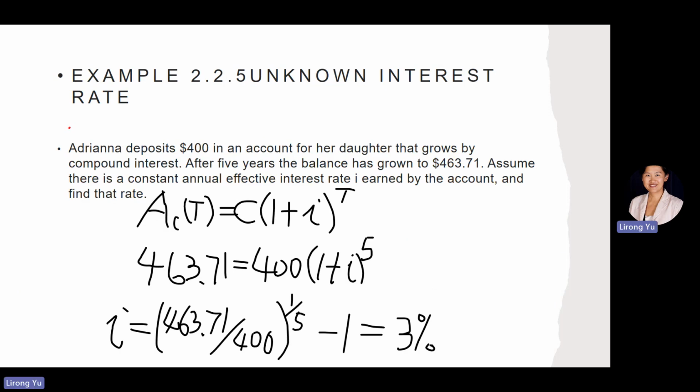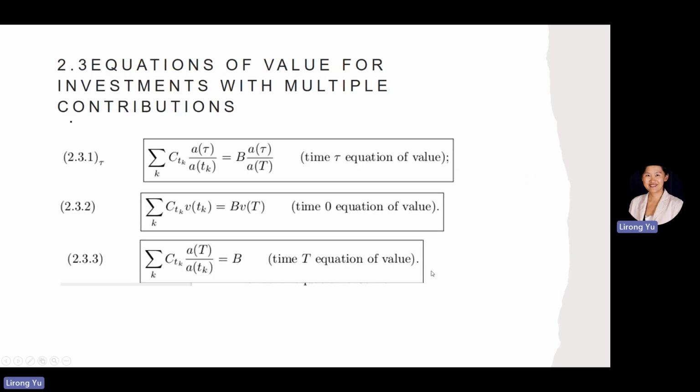The example after that is how do we calculate the interest rate? If you only have one cash flow along the timeline, so you have a future value and a present value, the calculation for i is just a solution for an exponential equation. So we solve for i, and that will be it. When you have multiple cash flows, things are a little bit more complicated. And that is a question that we need to answer with 2.3.